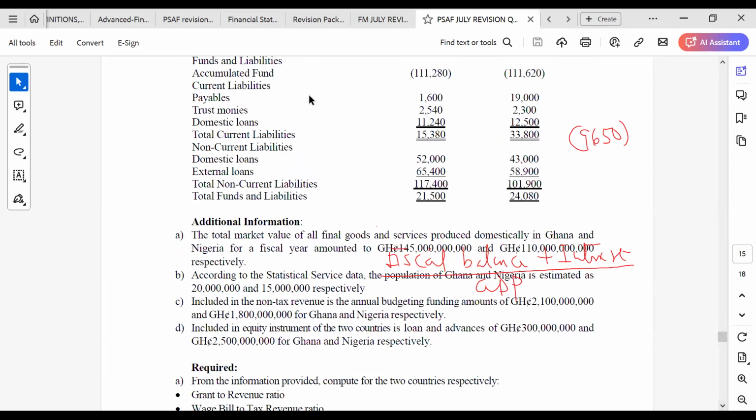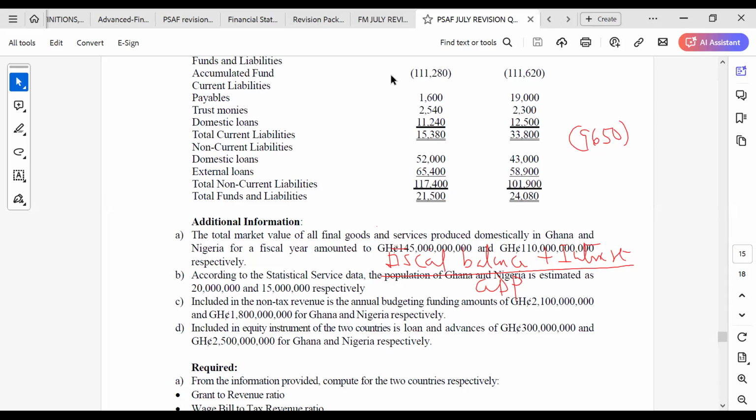Okay, but let's come here. What is that amount for Ghana? Is it 2,100? Is that correct? Included in the non-tax revenue is the annual budget funding amount of 2,100. Okay. So this particular 2,100 has been added before getting this figure. It was added as revenue.